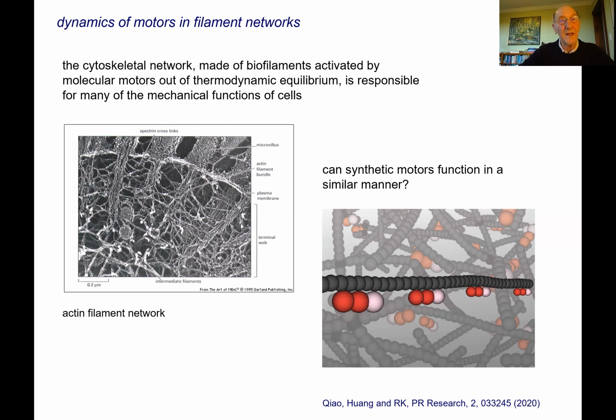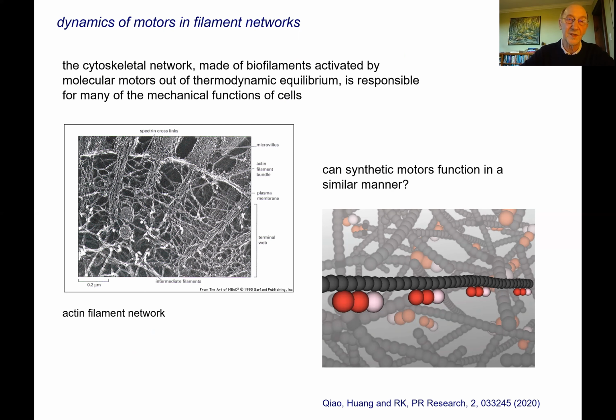So now coming to networks, in the biological realm, the filament networks in the cell are crucial, and they are responsible for a lot of the mechanical functions in the cell. And they're active networks because they're activated by molecular machines that move along the networks and change their dynamics.